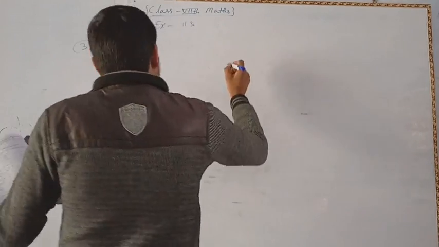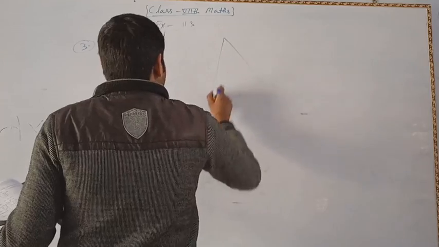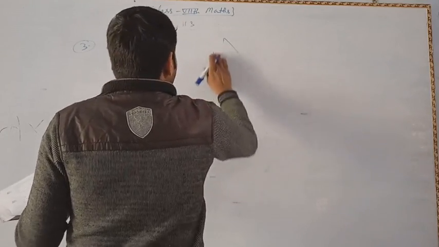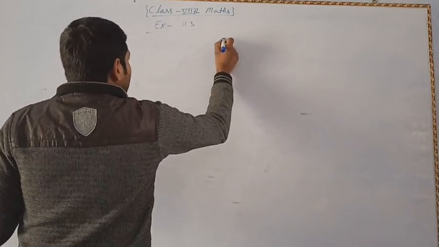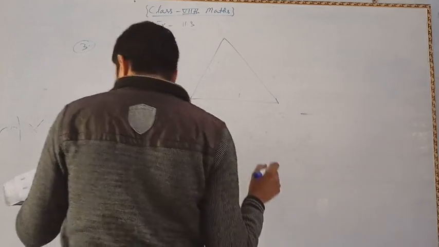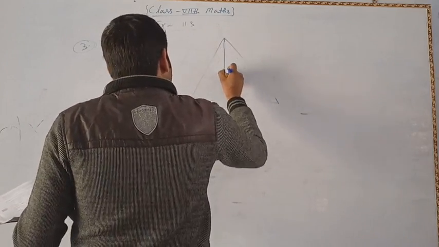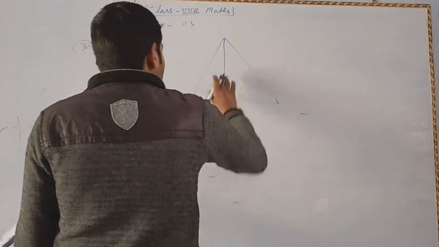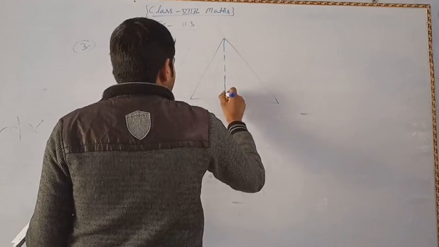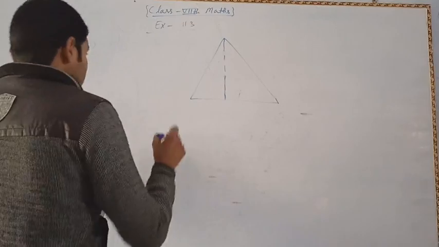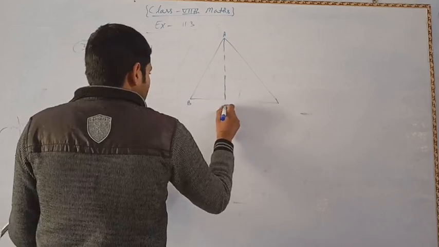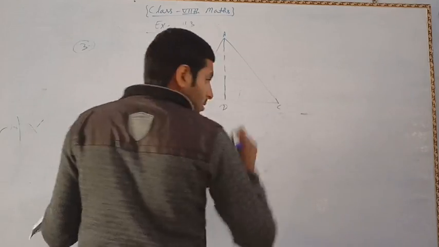You are given a figure, this type of figure, and also here draw a median. Given A, B, D, C.